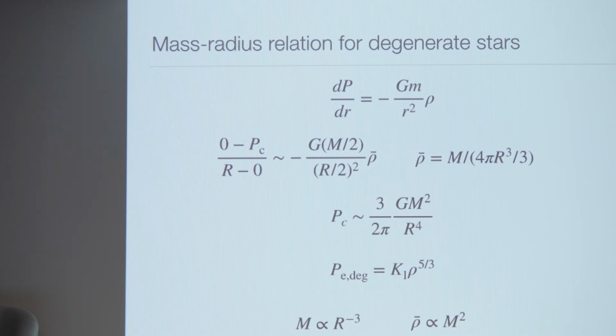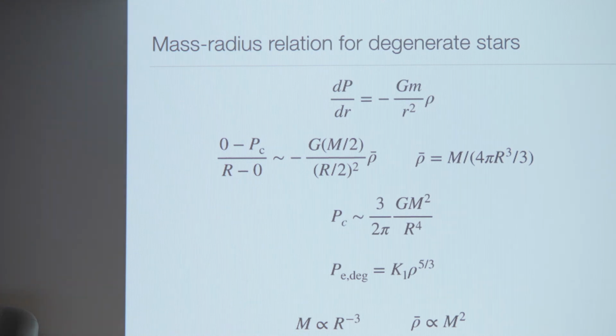So what does it mean? Let's imagine a star which is governed by this degenerate pressure, not the gas pressure like the Sun. One example is a white dwarf, whose equation of state is governed by this degenerate pressure.